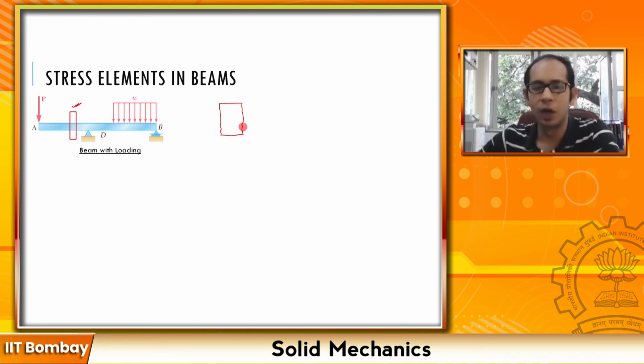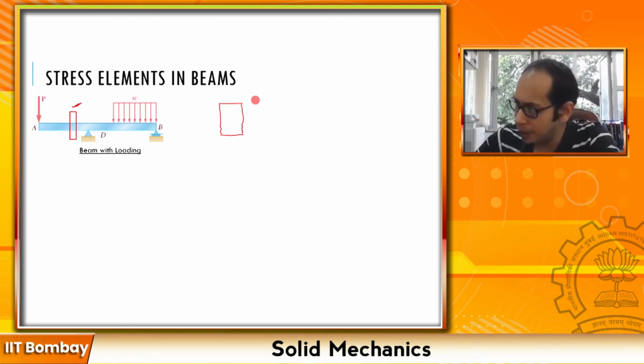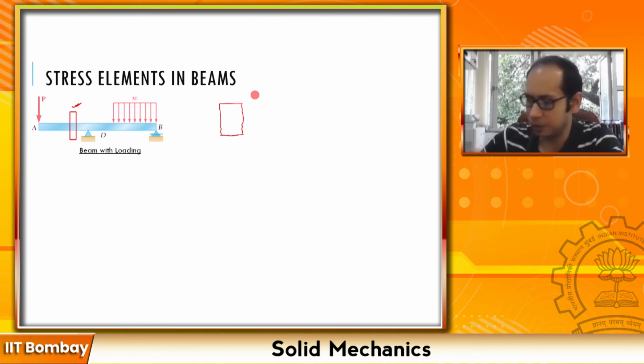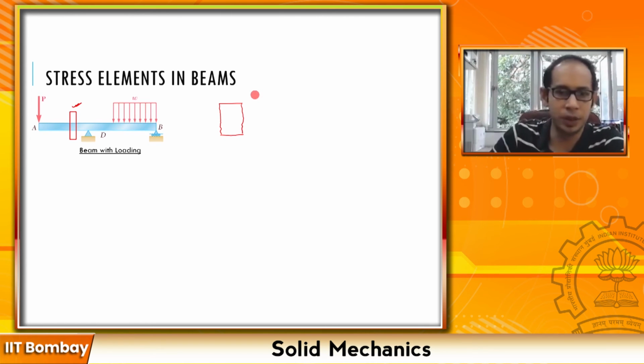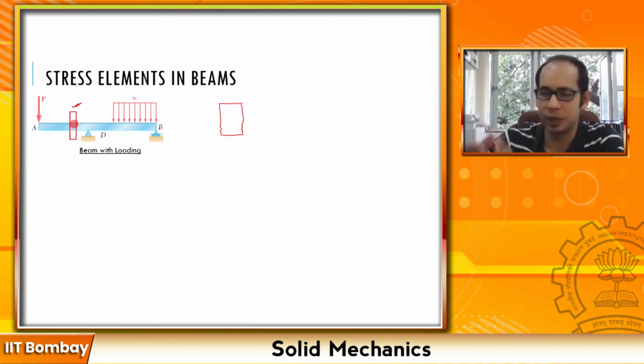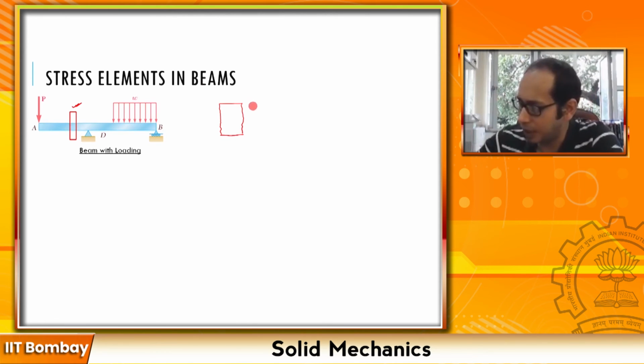Now here, we have seen how the bending stresses evolve. In this particular case, it's not a cantilever, it's a simply supported beam with an overhang, and because of this one, maybe there is a tension at the top and compression at the bottom and so on. So let's draw the stresses that we have over here.